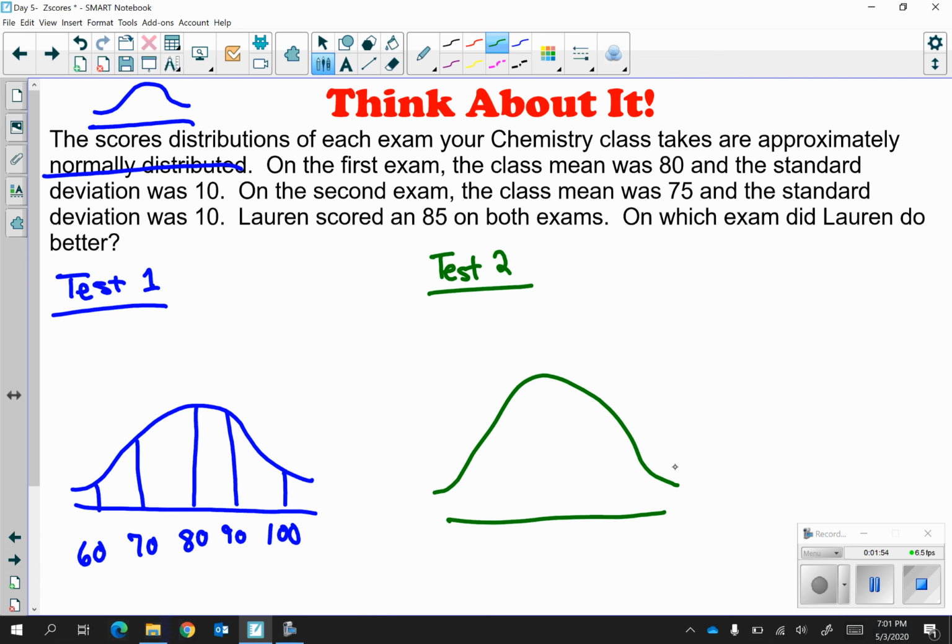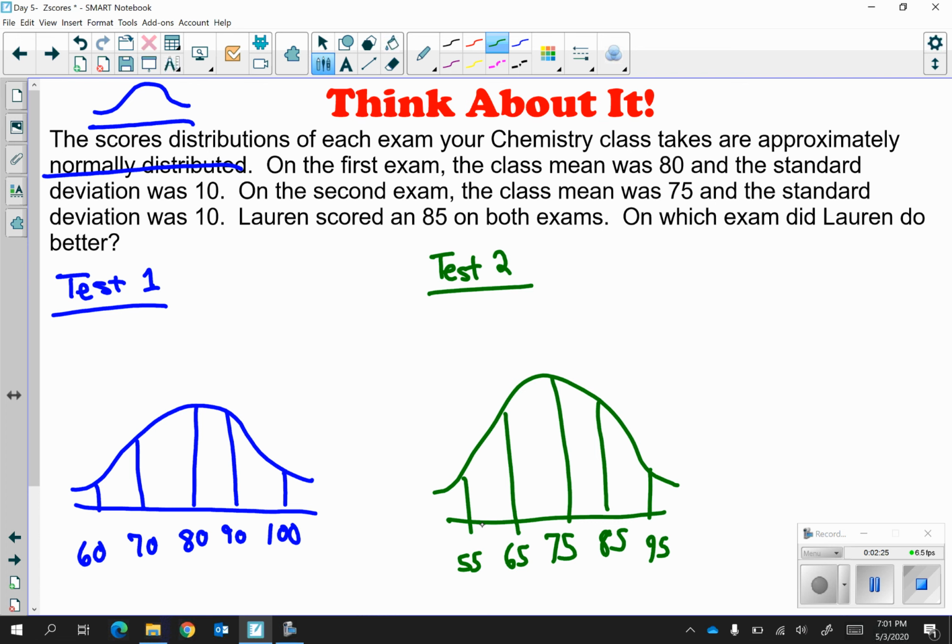So in the second test, we had that the average was 75. Let's pretend my diagrams look the same. So now 75 is in the center, and we still have a standard deviation of 10. So if I go up by 1, I go to 85, 95, 65, and go down another standard deviation to get 55.